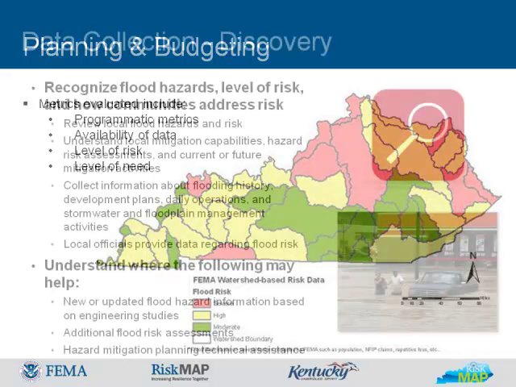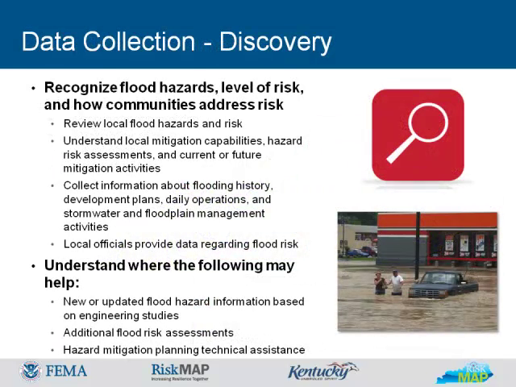The objective of the evaluation step is to understand the risk and need data at the various watershed levels. During the discovery process, the Kentucky Division of Water will be collecting a lot of data from the stakeholders.